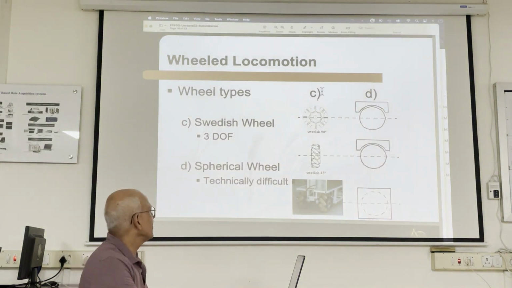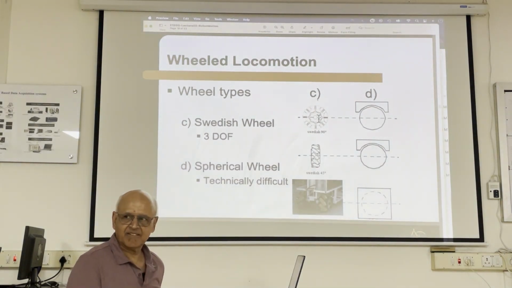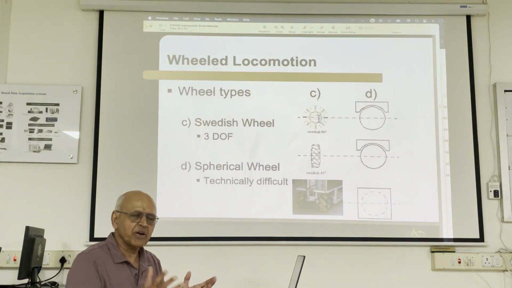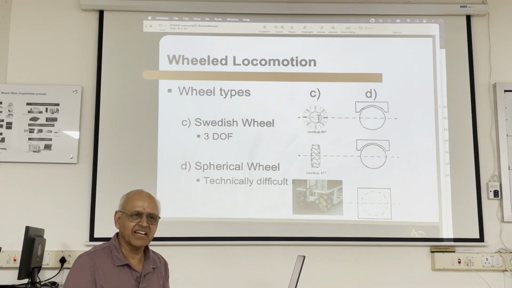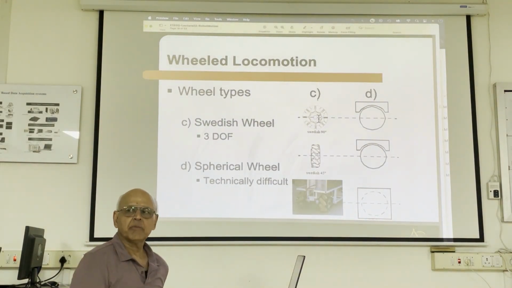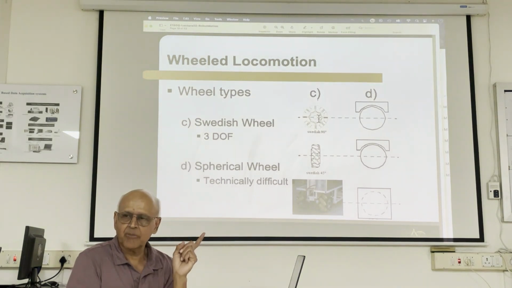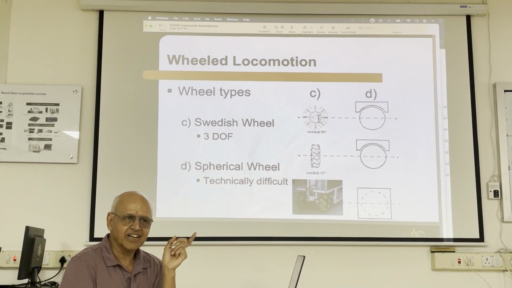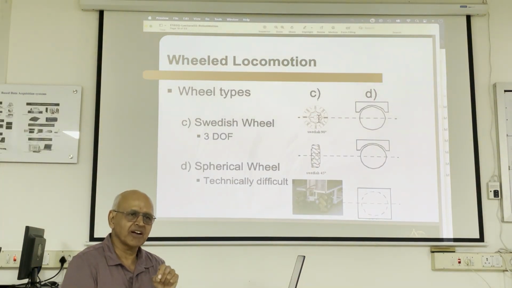Well, if you have a vehicle with these kind of wheels, then parallel parking is easy because you can slide sideways. Now nobody will watch that video on YouTube because it's not that exciting, right? Just coming here and then going sideways. But also note the additional degrees of freedom incorporated make it a problem for normal driving.